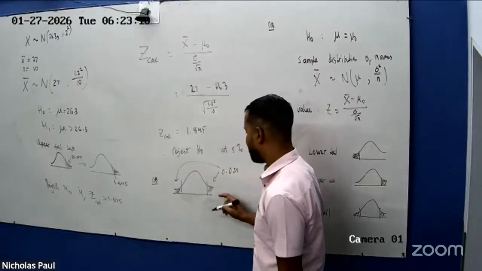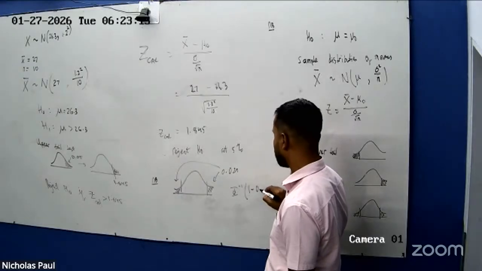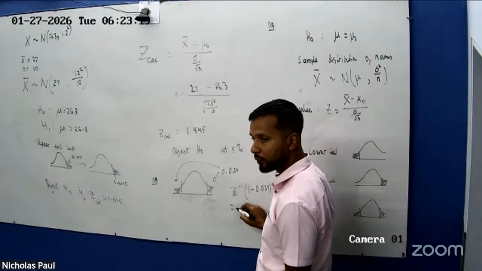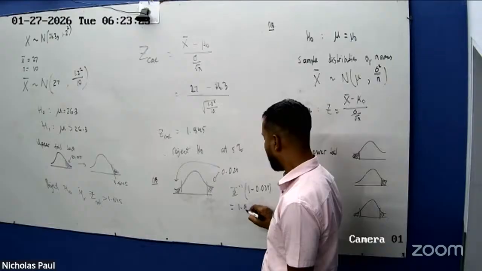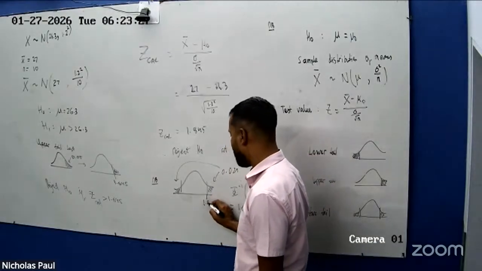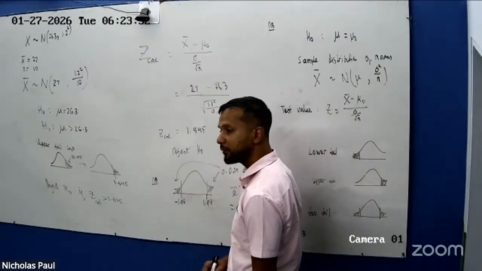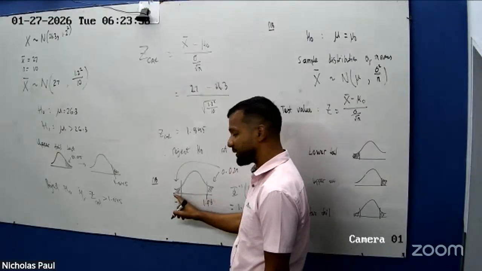So the value you're looking for is the inverse of 1 minus 0.025, which is 1.96. Your critical region will be anything more than 1.96 or less than minus 1.96, either one. Once it falls beyond either, you check it.